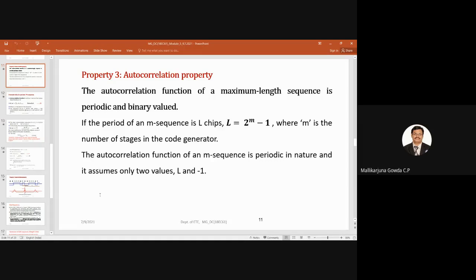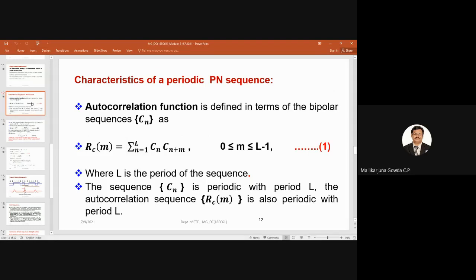Let me take a generalized explanation of this autocorrelation function property. So how do we define that? It is defined in terms of the bipolar sequences, that is Cn. So I can say RC of M is equal to summation n is equal to 1 to L Cn, Cn plus M, where the value of M can vary from L minus 1 and greater than 0.